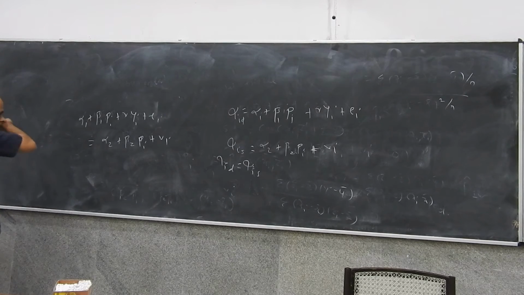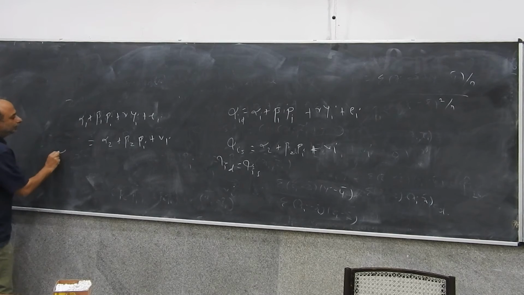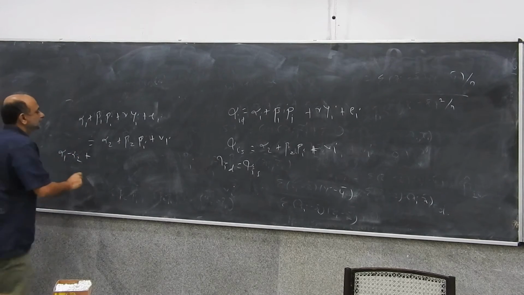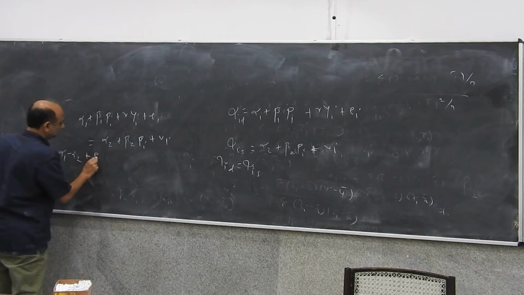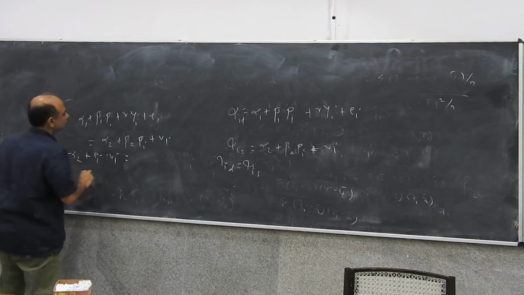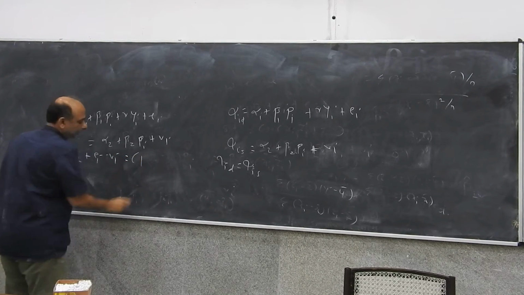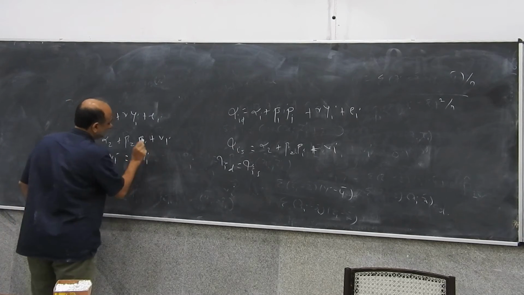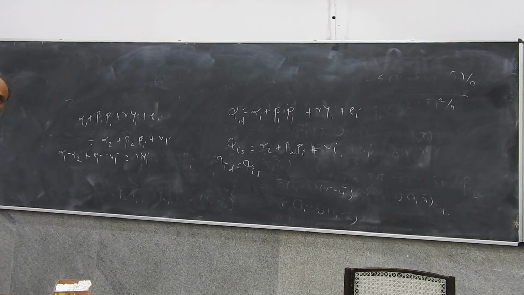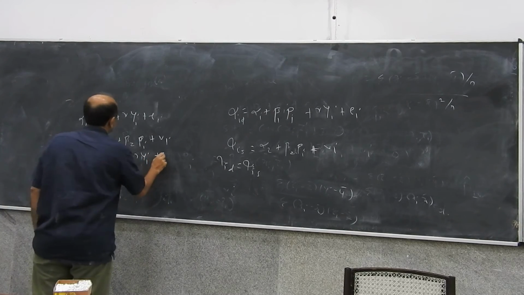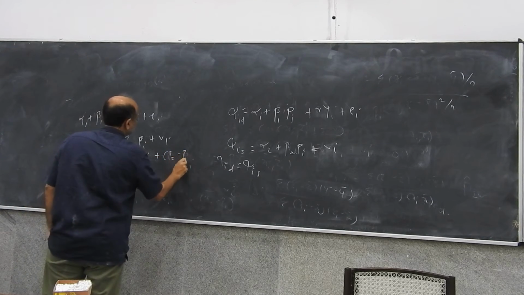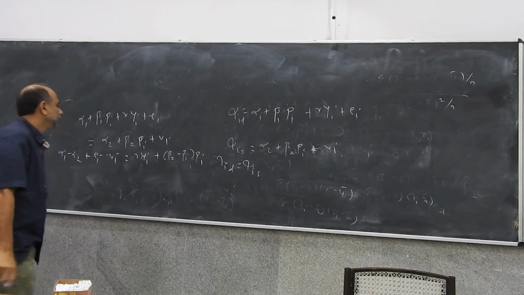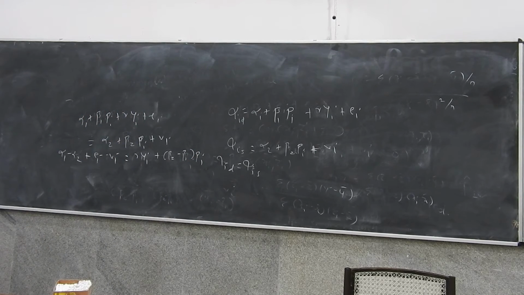So I have here, alpha 1 minus alpha 2, alright, plus pi minus is equal to gamma yi plus, right?